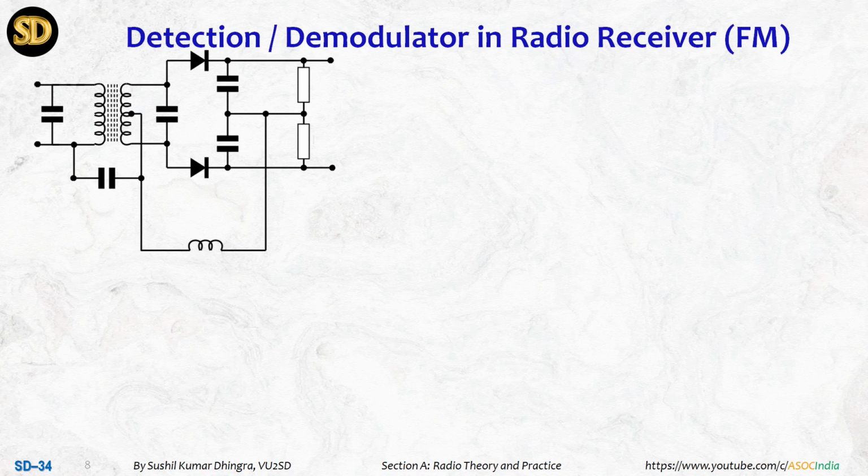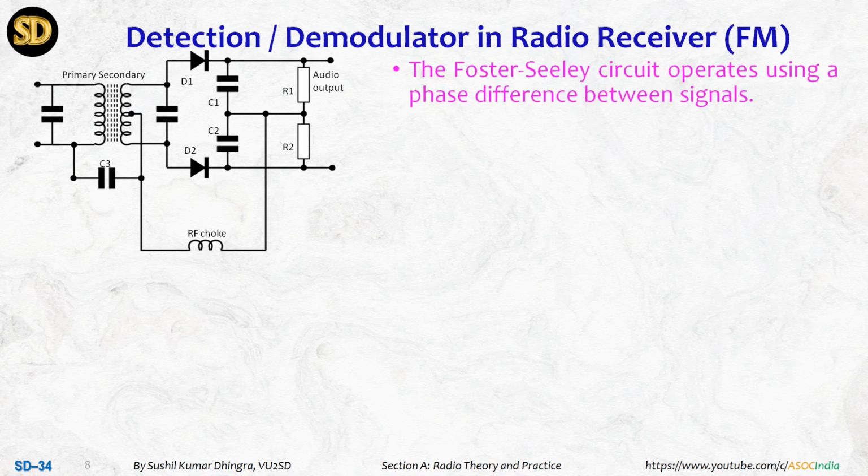And once we have the signal in the transformer, this circuit will work as an FM detector, and this is one example of the Foster-Seeley circuit, which uses the phase difference between signals.